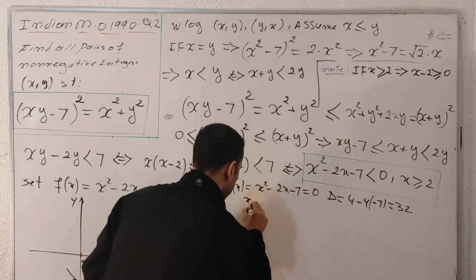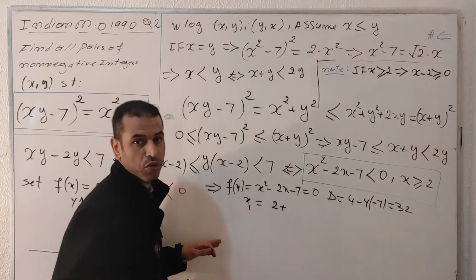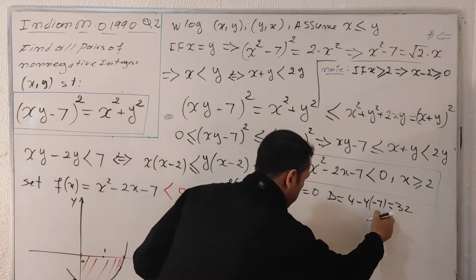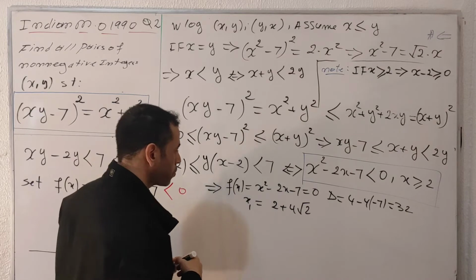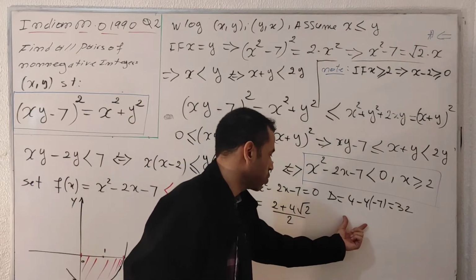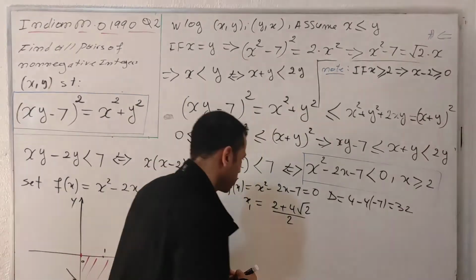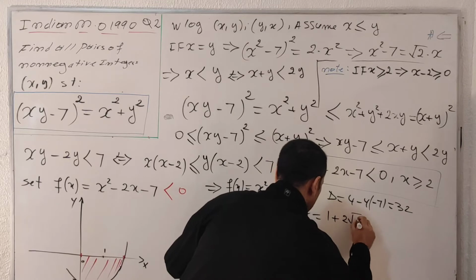So we'll have x1 equals minus b, which is 2, plus the square root of delta, which is 4 square root of 2, divided by 2. We don't need the other solution because we have positive integers. So this gives us 1 plus 2 multiplied by square root of 2.